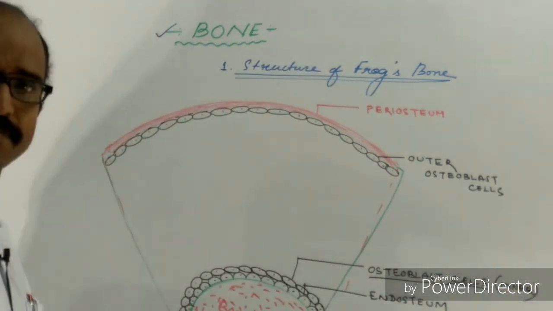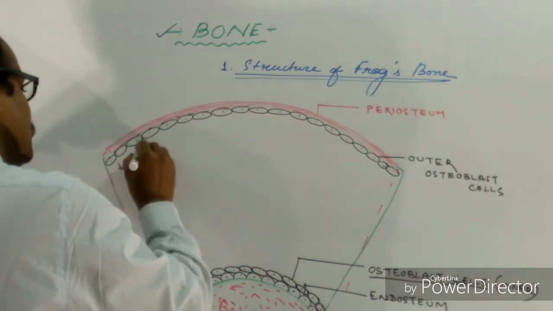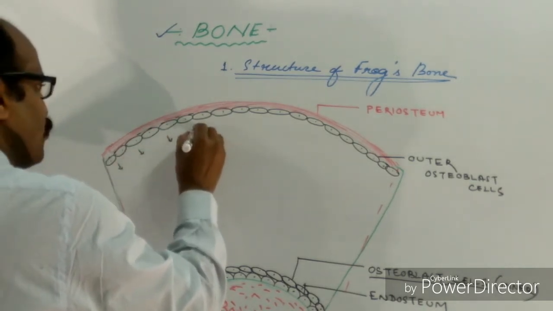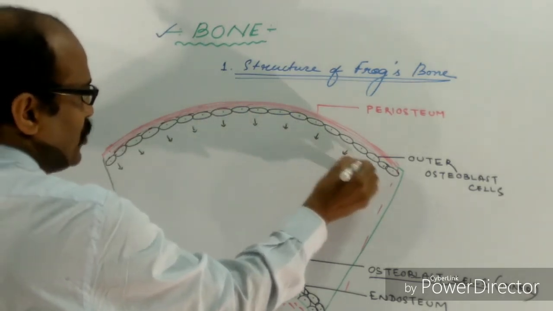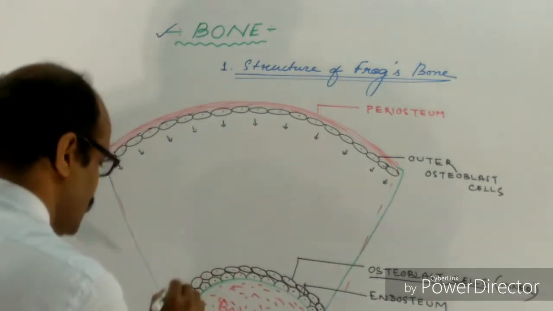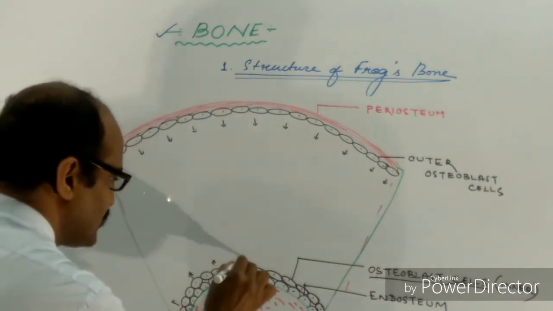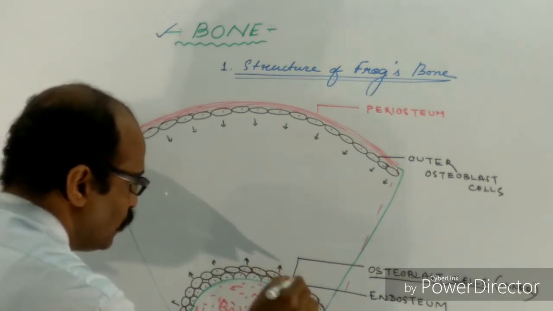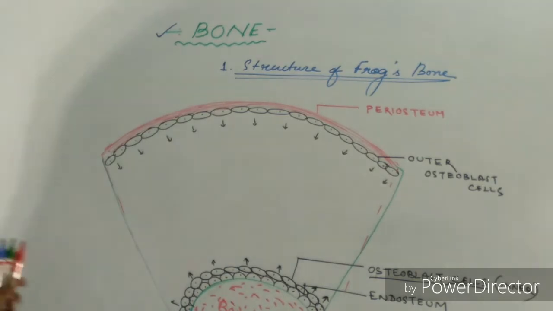So the outer osteoblast cells secrete the ossein protein, or the matrix, towards the inner side, and the inner osteoblast layer secretes the matrix, or ossein, towards the outer region.